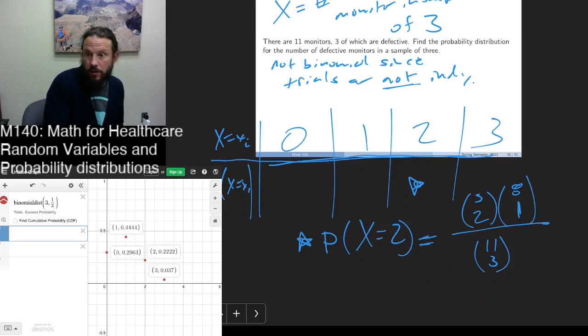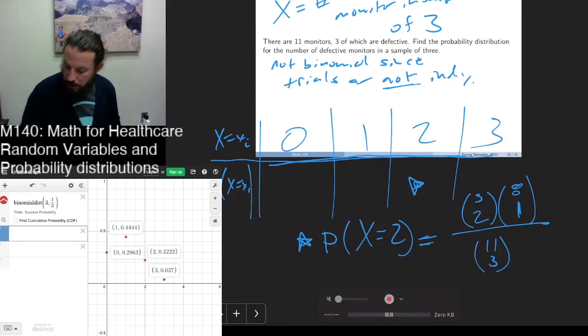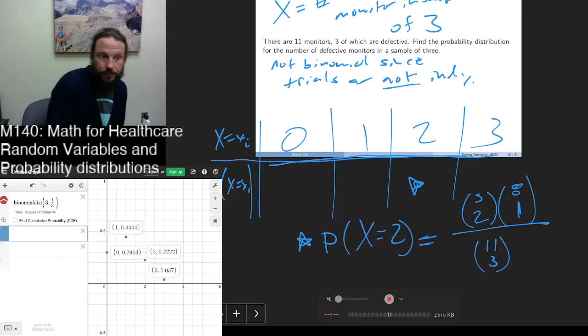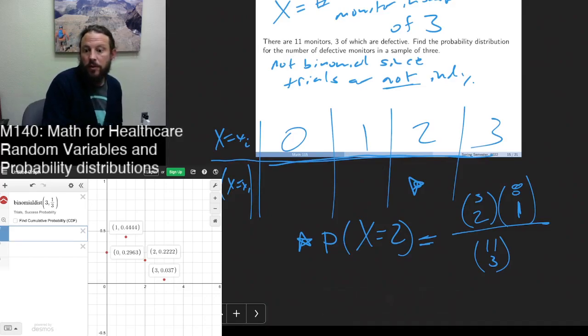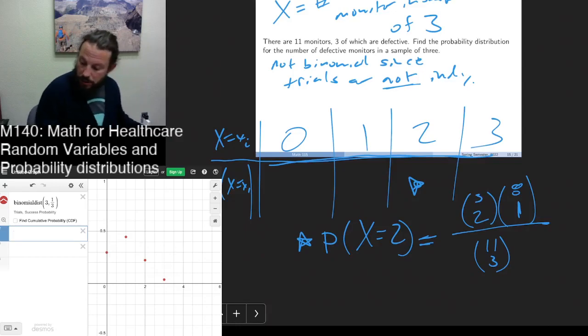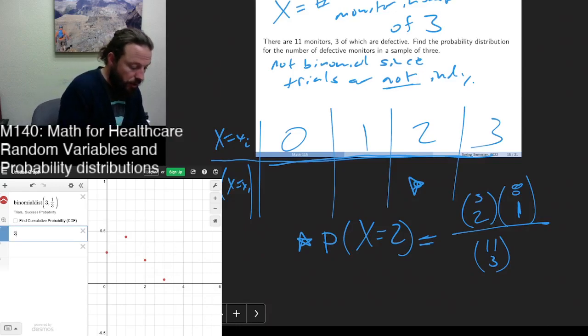If I went back to GeoGebra and calculated this out, it looks like that comes out to be somewhere about 0.14. Let's see, if I do it in Desmos, there we go. That's going to be 3 choose 2, which is 3, times 8 choose 1, which is 8.